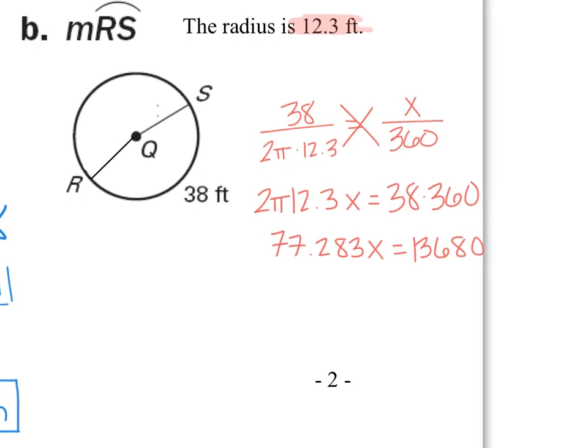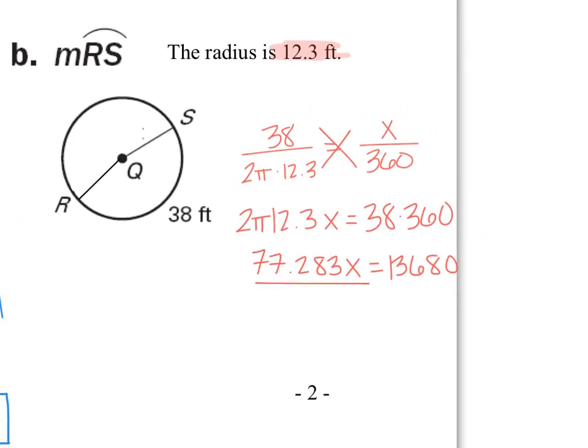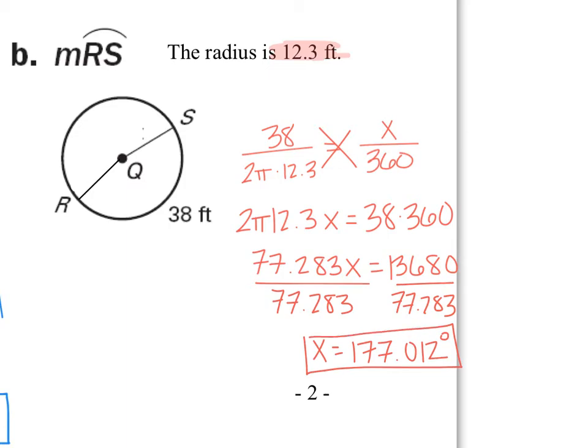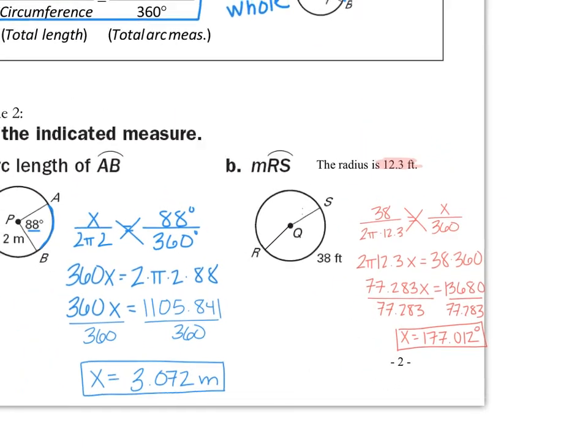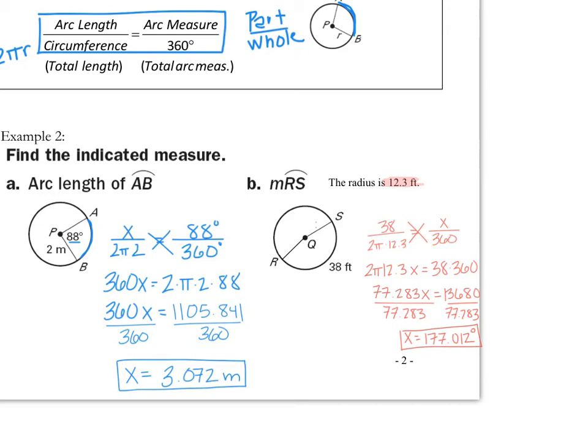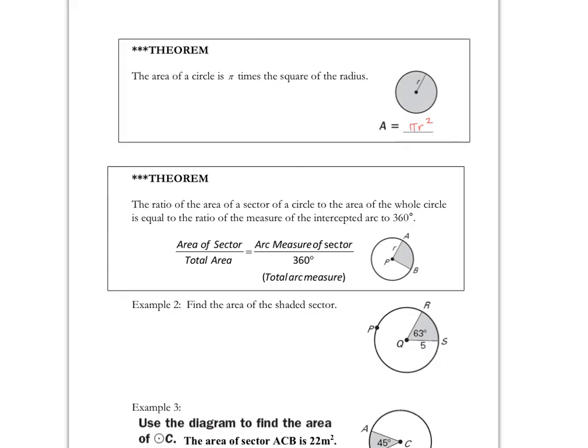And then divide, just like if it was 2x, you would divide by 2. I get 177.012, and remember, we're talking degrees, so it's going to be in degrees. There we go. All right, so that was finding arc length or anything related to arc length.